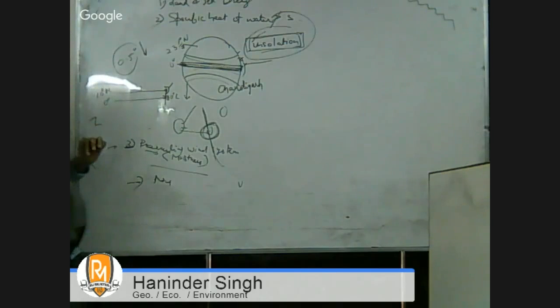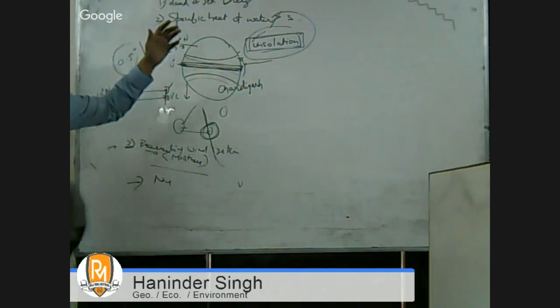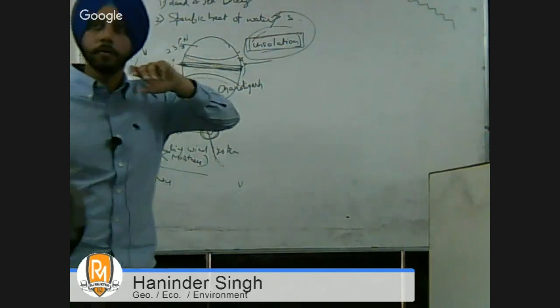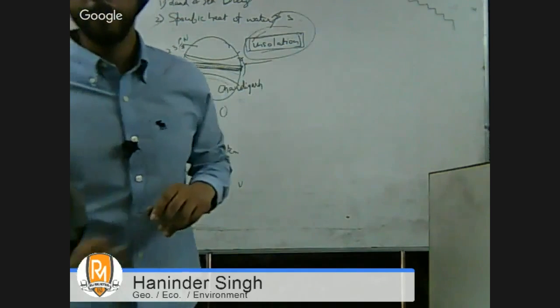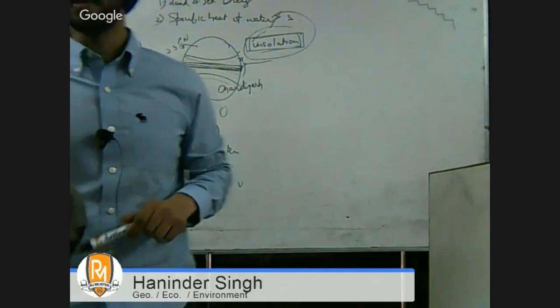Someone says all of the above: the second and third lead to one. How come? Diurnal variation. What is that?